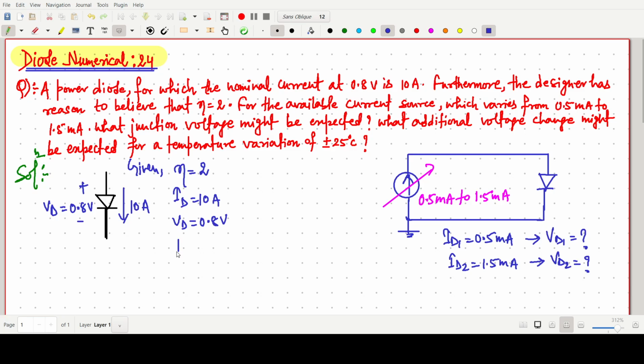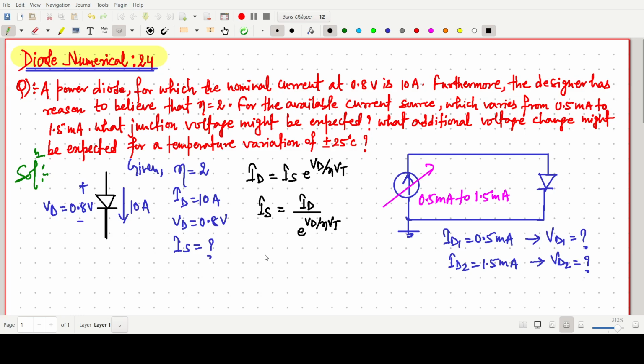From this we can say Is is unknown. As we know the diode equation, ID can be written as Is e to the power Vd by eta Vt. So simply the saturation current of the diode can be written as Id by e to the power Vd by eta Vt.